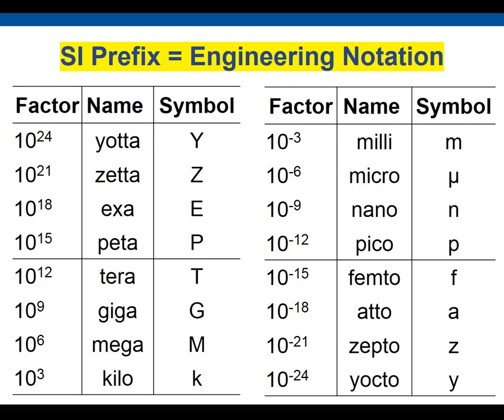In the midterm, I will give you this table as a reference. 10 to the 3rd power is kilo, a small k, and 10 to the 6th power is mega, a large M. In the negative term, 10 to the negative 3 is milli. The symbol is lowercase m.